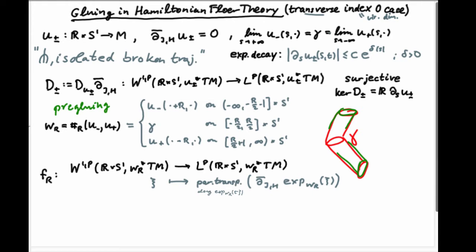Here I didn't quite give you the entire interpolation, so there's a bunch of choices. This interpolation actually sits at the periodic orbit in the middle for quite a while. And there's some interpolation on an interval of length 1 from U minus to that periodic orbit, and another interpolation from U plus to that orbit.